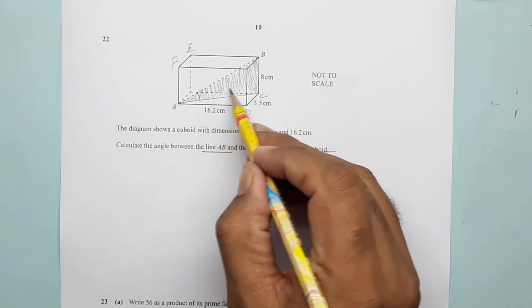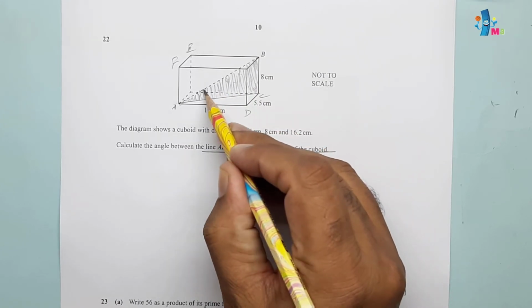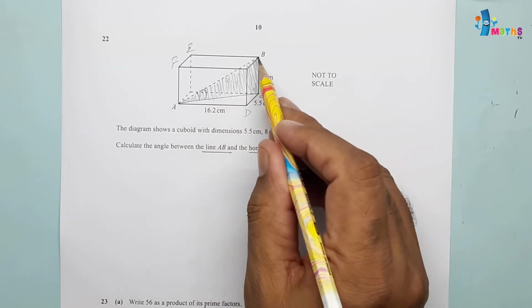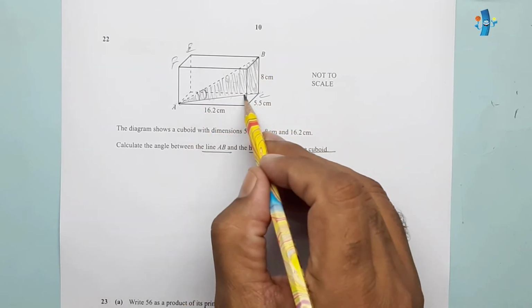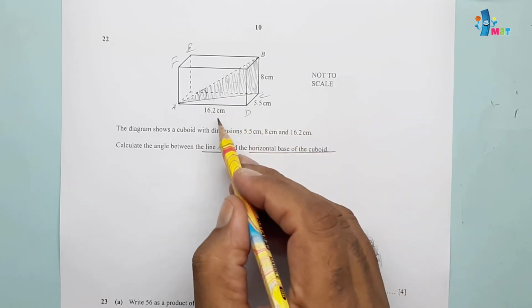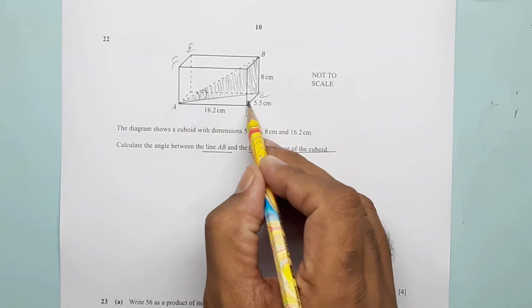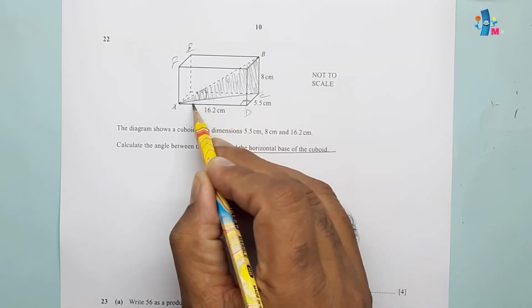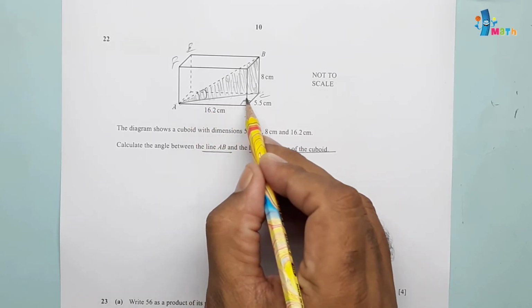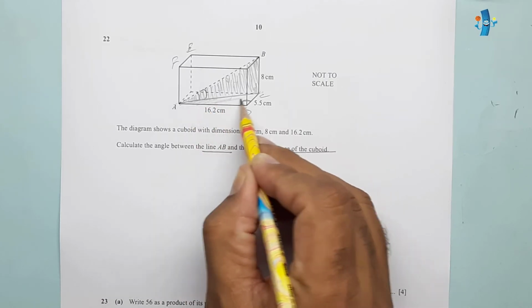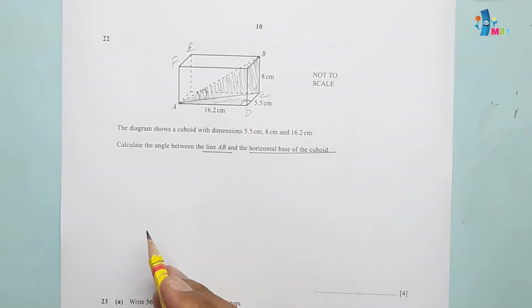So to find this angle, we need one of these sides, so that we can use this side and this side to calculate the angle. We can calculate this side because we have these two sides. This is 90 degrees, so we can apply the Pythagoras theorem on this lower triangle ACD.